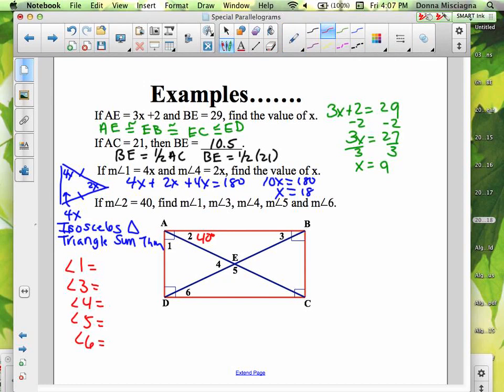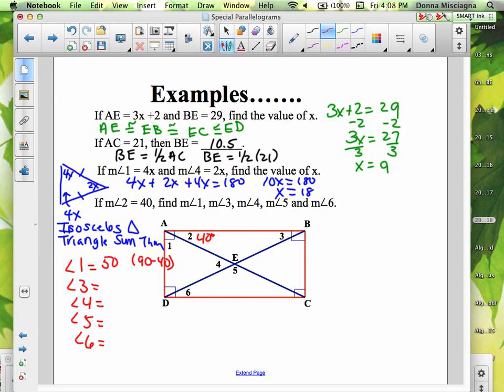And this is actually really, really easy. First of all, angle 1 plus angle 2 equals 90 degrees, right? So since angle 1 plus angle 2 is 90 degrees and angle 2 is 40 degrees, angle 1 must be 50 degrees. That was just 90 minus 40.